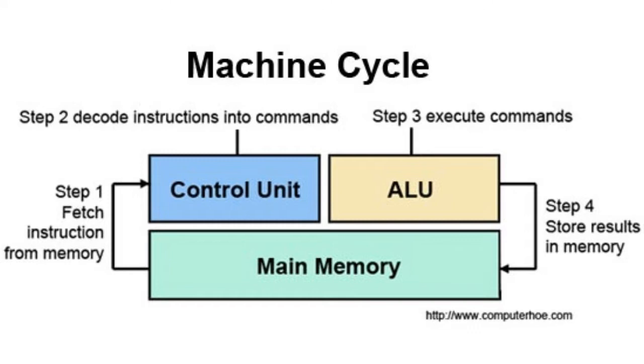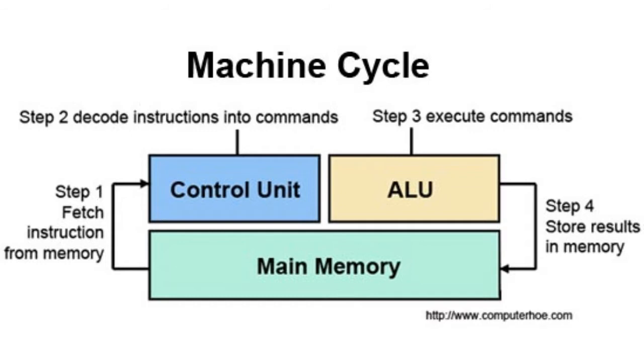The next step is to decode, where the CPU translates the instruction into commands, handled by the control unit. Step 3 is to execute, or carry out the command, by your arithmetic logic unit. And step 4 is to store the results into memory.